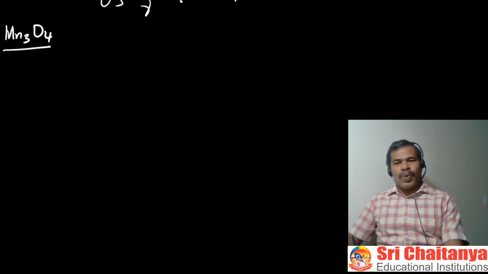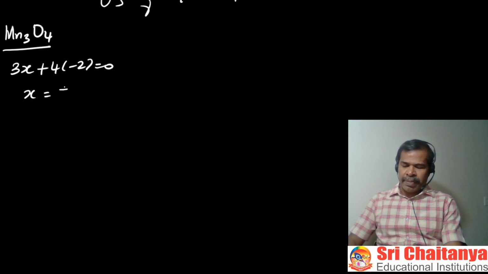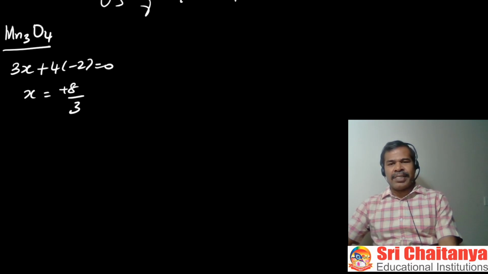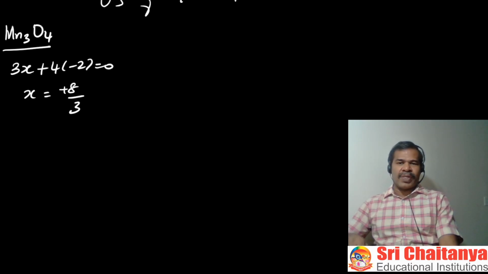By using the rules, we can find out the average oxidation state: 3x plus 4 into minus 2 equal to 0. If you take that, x comes out to be +8/3. Now, in the previous example, we could really visualize the oxidation state of +4 for carbon, and here you can't do this because it is an average oxidation state.